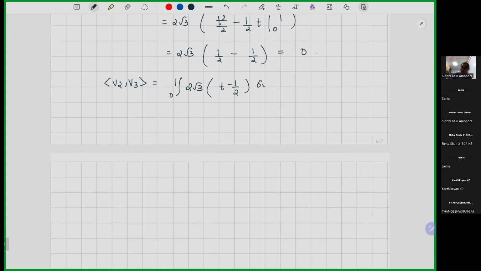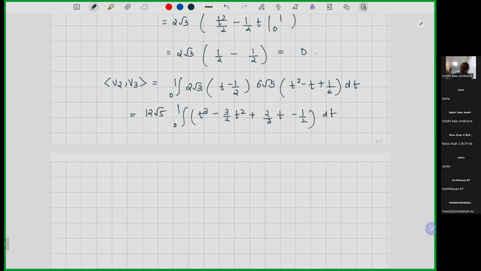2 into 6 root 5 x square minus x plus 1 by 6 dt, which is when we take 12 root 15 integration 0 to 1 t cube minus 3 by 2 t square plus 2 by 3 t minus 1 by 12.